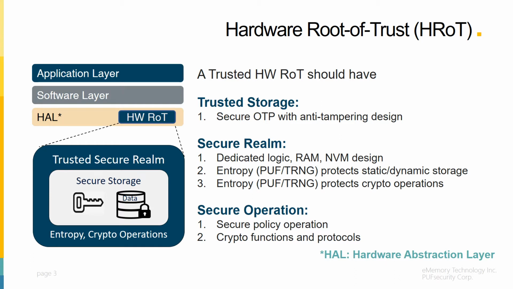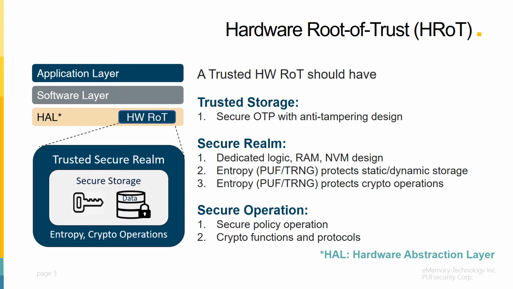Third is the hardware abstraction layer, which includes firmware, API, and hardware design. The security of the systems comes from a design core, the root of trust, which is usually implemented using hardware. The hardware root of trust needs to follow three important principles: trusted storage, security ring, and secure operation.